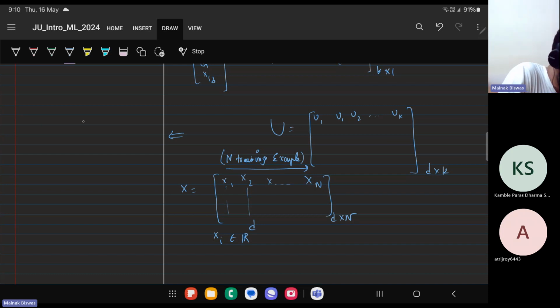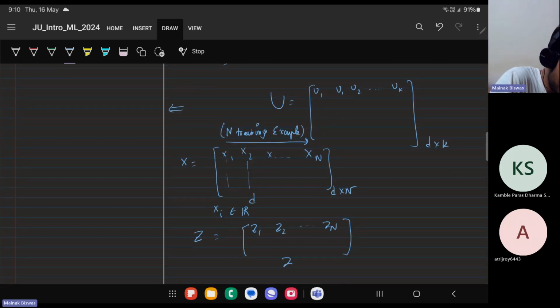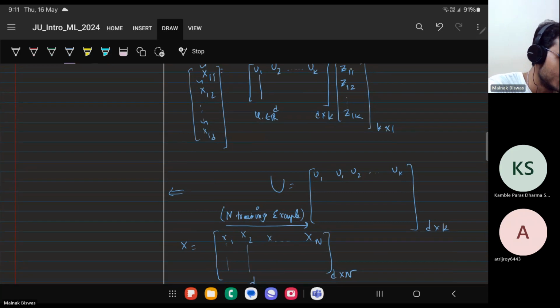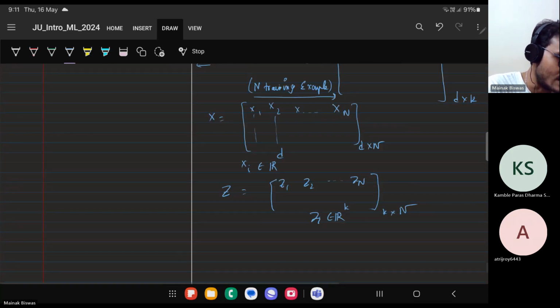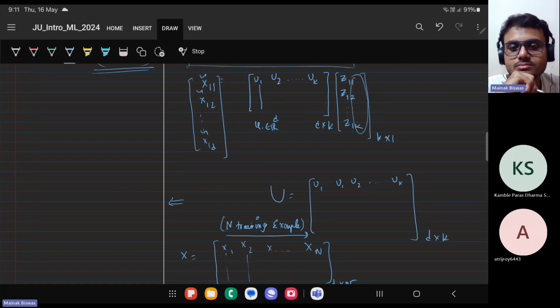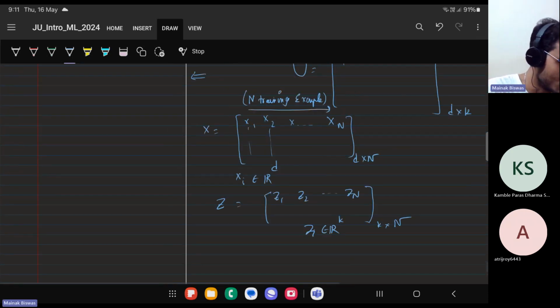So do you agree? U and Z I can write again. Z1, Z2, dot dot dot Zn, where Zi's are how much? K dimensional. Just look at this. I'm just taking these components. K dimensional, yes or no? Yes. So now what do I get?